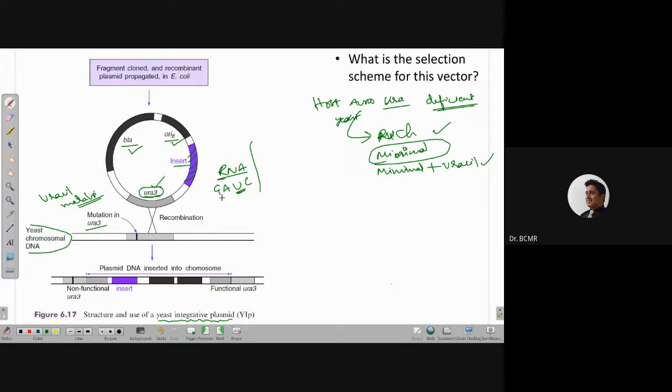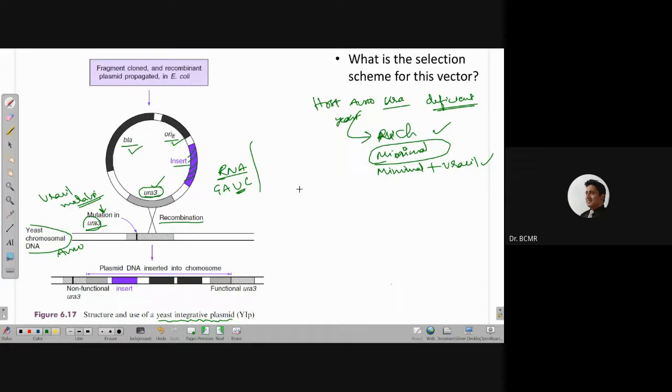There is another aspect to this, which is homologous recombination. So here is the URA3 gene, but there is a mutation because of which this yeast has become auxotrophic for uracil. It cannot synthesize uracil by itself. And I hope you also know homologous recombination. In the beginning of this course, I made you do some assignments with homologous recombination as well. Homologous recombination happens between homologous sequences.